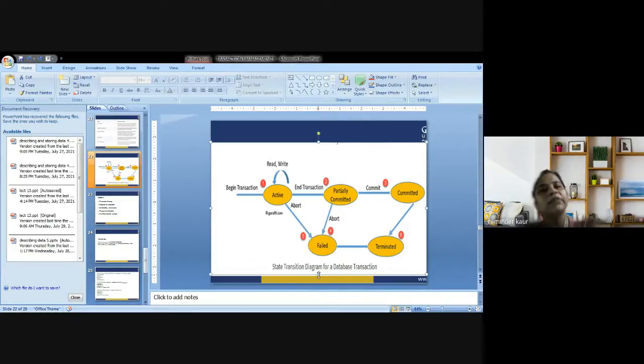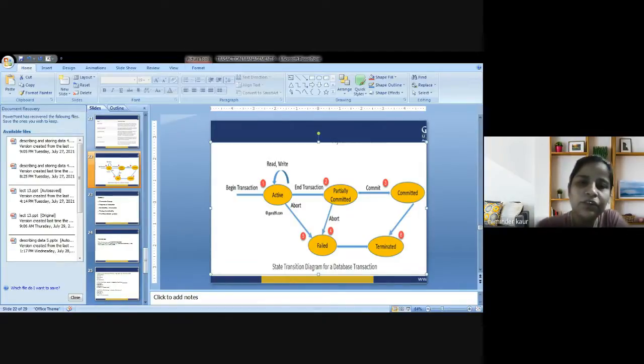Then it will start the process again, and the transaction will be rolled back. Abort is concerned with a failed transaction due to any error, power failure or any other thing that could be there. And last is terminated. After commitment, it could be terminated.